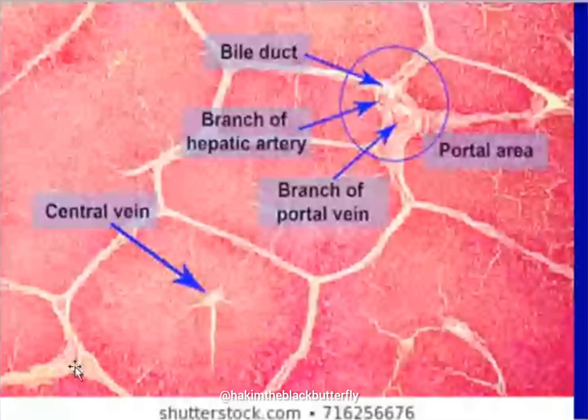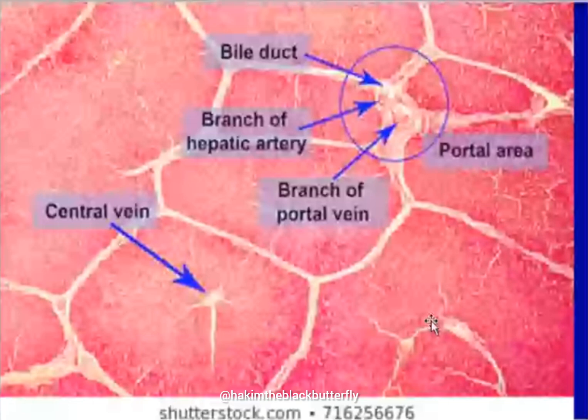Here you can see a branch of the portal vein, a branch of the hepatic artery, and a branch of the bile duct. They move within the septa of Glisson's capsule, which divide the liver into lobules.